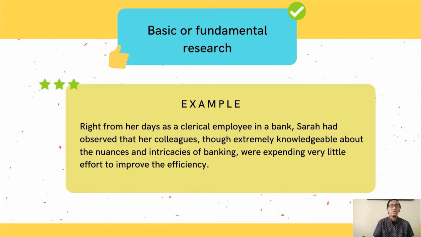Example: right from her desk as a salaried employee in a bank, Sarah had observed that her colleagues, though extremely knowledgeable about the nuances and intricacies of banking, were expending very little effort to improve the efficiency and effectiveness of the bank in the area of customer relations and service.